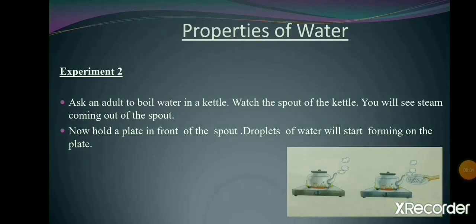Droplets of water will start forming on the plate. As a conclusion, we can say that when the steam or water vapor from the spout touches the cold plate, it cools to form water again and gathers on the plate in the form of droplets of water.